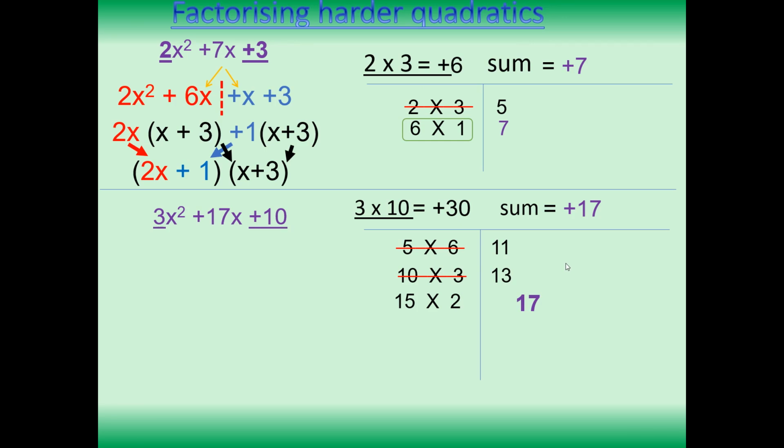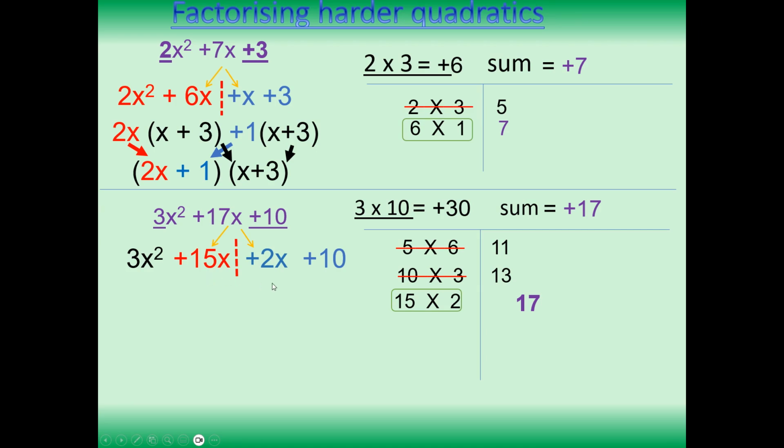All right, thank you. The crowd is overwhelmed by my intelligence. So there you go. What we're going to do is split up that 17x into 15x and 2x, like so. Now I said it doesn't matter which way you put these two numbers.